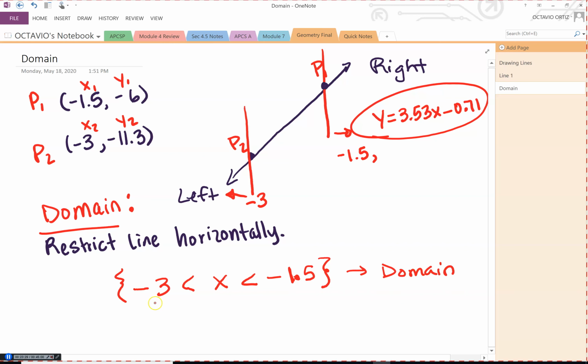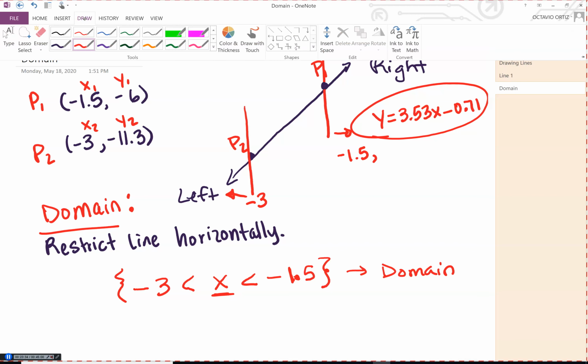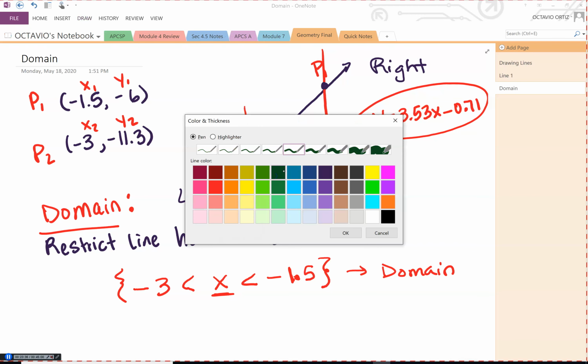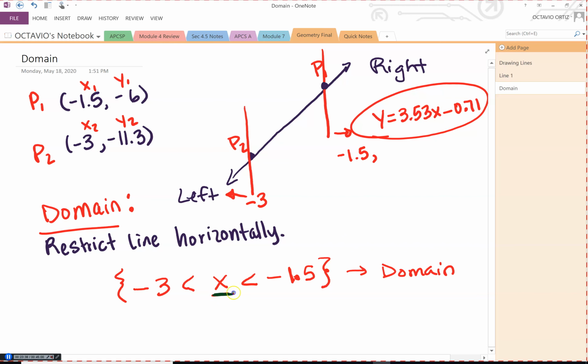That means we want to graph the line, but only for x values that are more than negative 3 and less than negative 1.5.